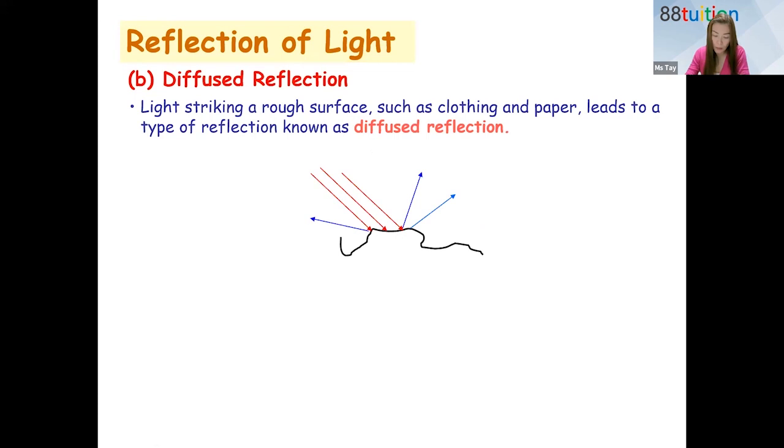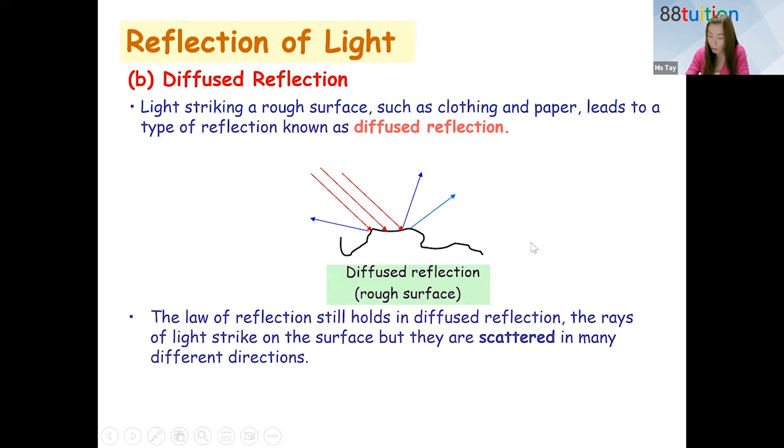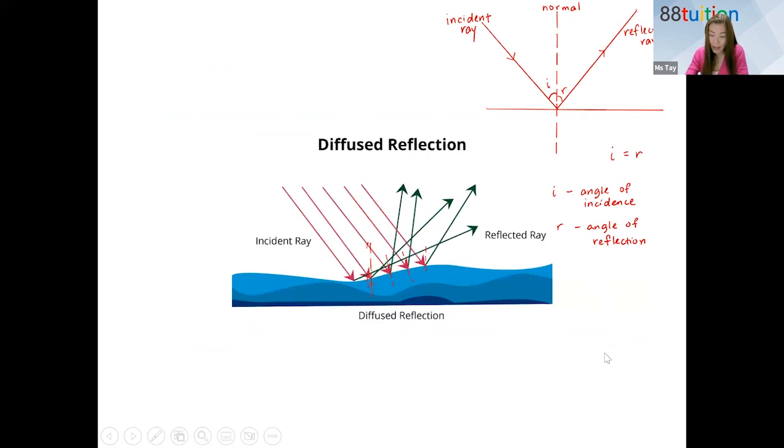So this is known as diffuse reflection. The light bounces off in all different directions, so they are scattered. Every light ray that comes in hits the surface and bounces off. So the image turns out to be blur, or you don't see any image.